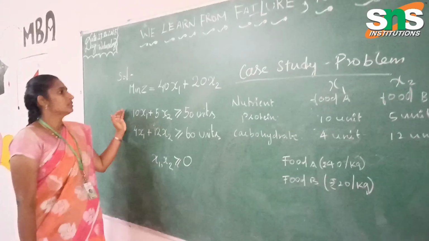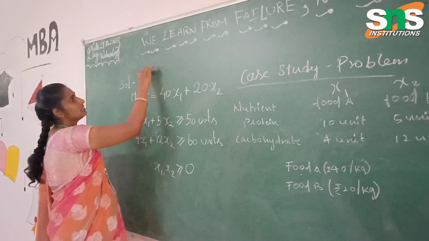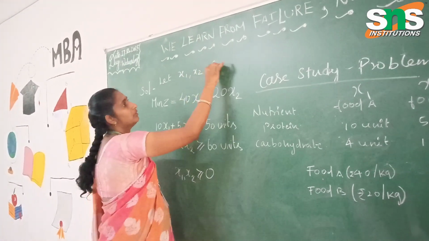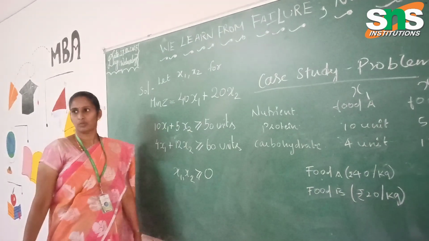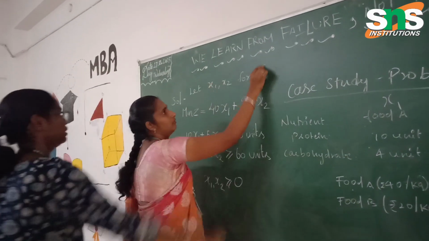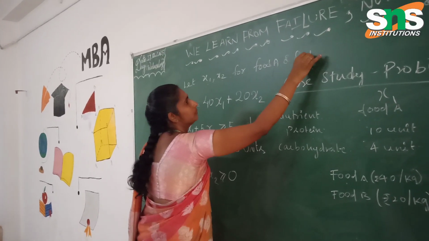Now first of all we have to decide the decision variables. They have decided x1 and x2, where x1 is chosen as food A and x2 is chosen as food B. Very good.